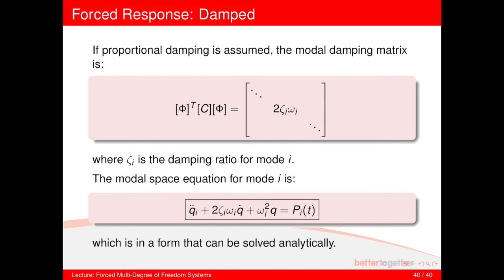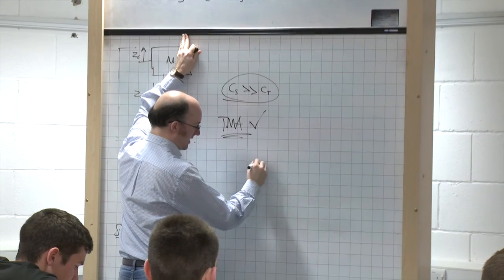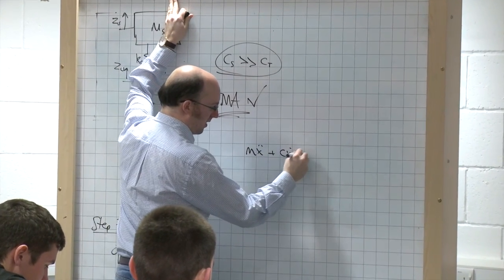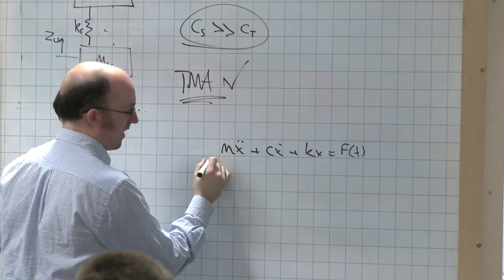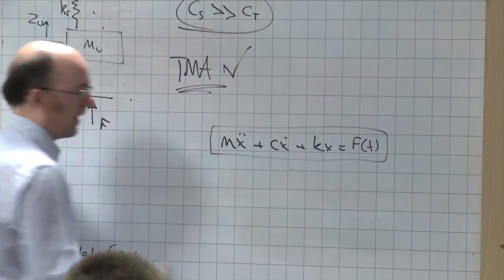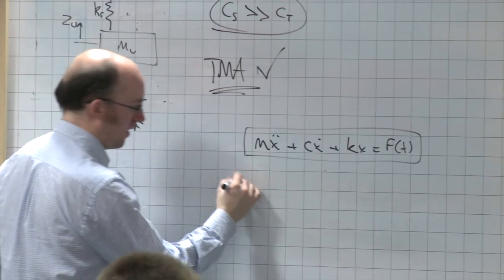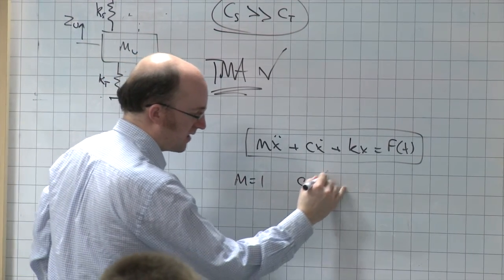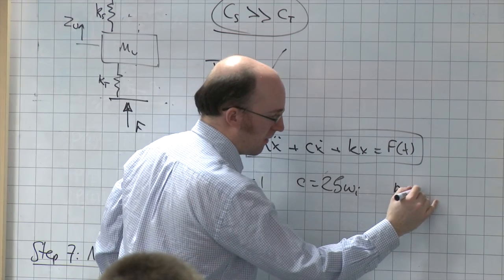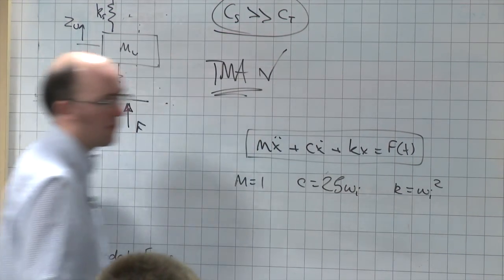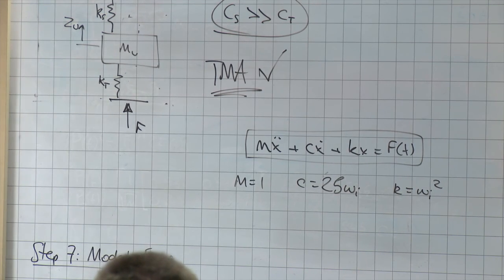And again, we've solved that equation because on your equation sheet, we've got equations that give us solutions to m x double dot plus c x dot plus k x equals f of t. We've gone through and given you general solutions for that equation. So here, obviously, m equals 1, c is 2 zeta omega I, and k is omega I squared. Okay, so you make those substitutions in and you get your equations.